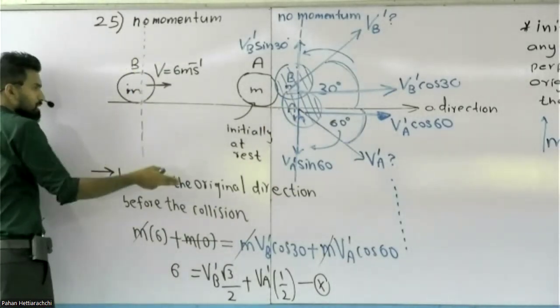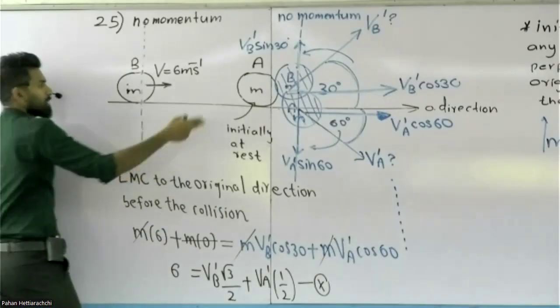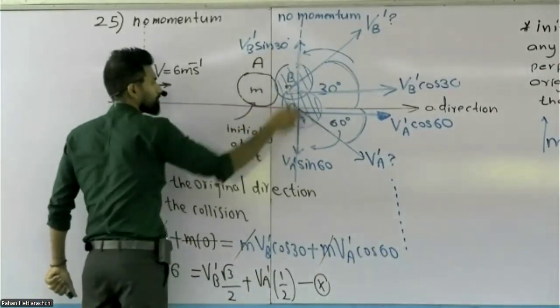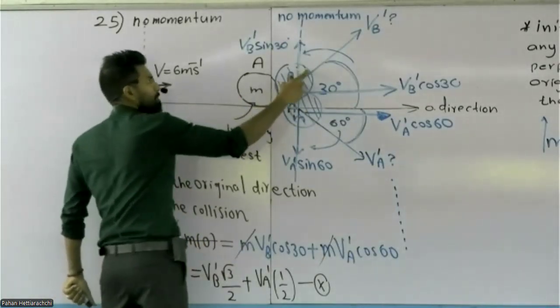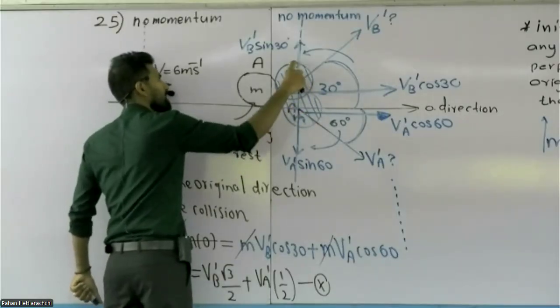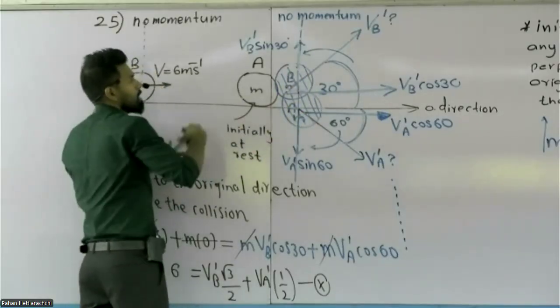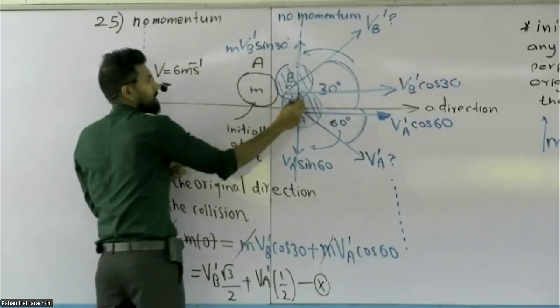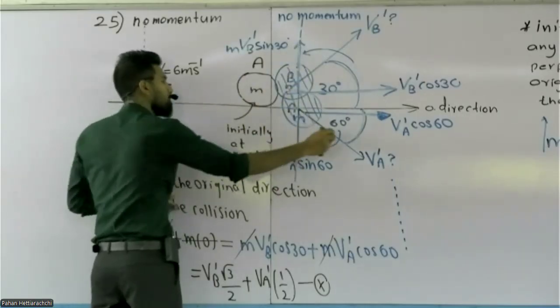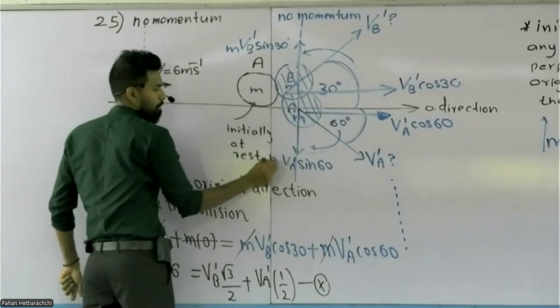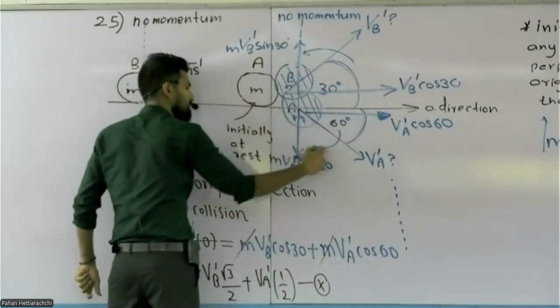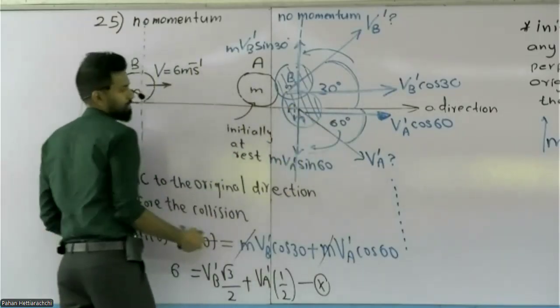If momentum conserves, you can't have momentums after the collision in this direction either. So what should happen? The momentum M VB dash sine 30 should cancel out with the momentum in the opposite direction, M VA dash sine 60.